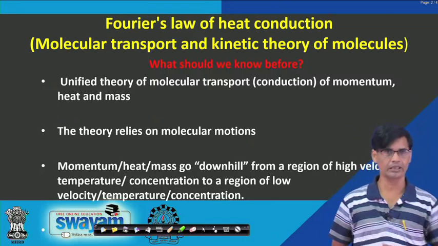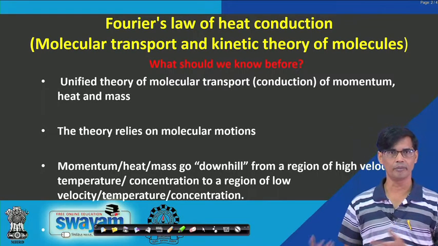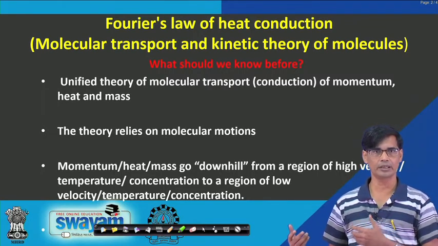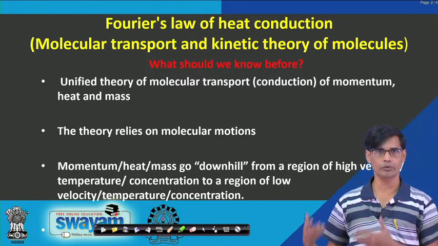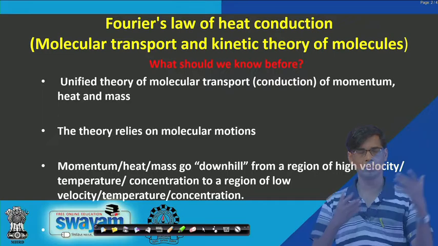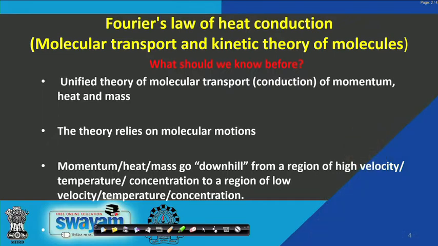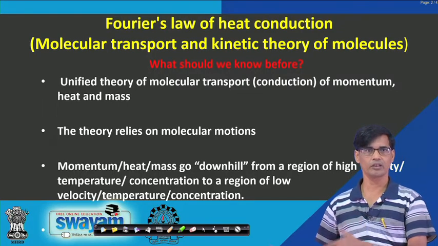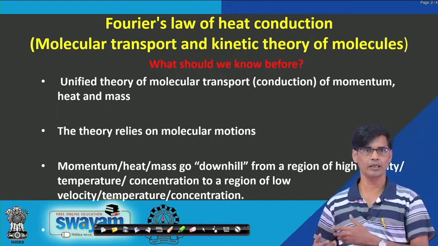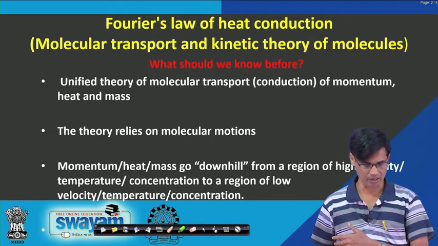I mean momentum, heat and mass will transfer in a downhill trend, from a region of high velocity, high temperature and high concentration to a region of low velocity, temperature and concentration.